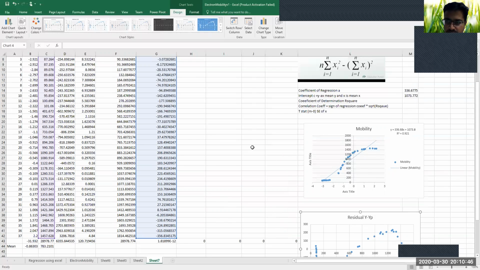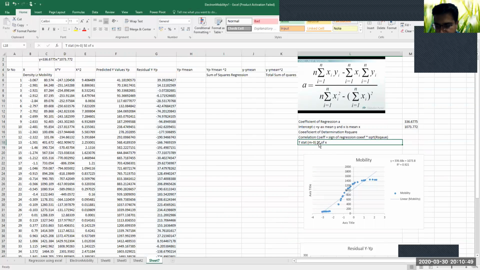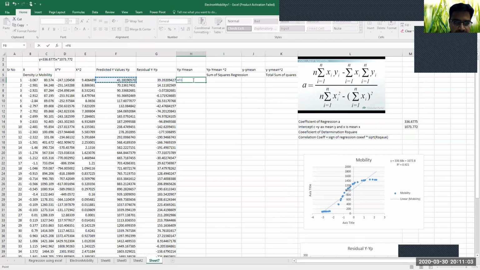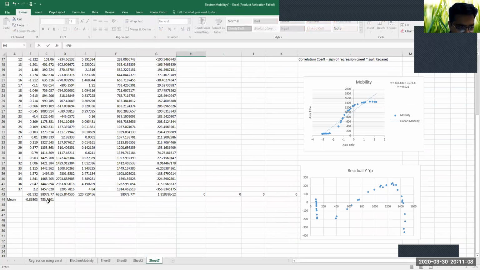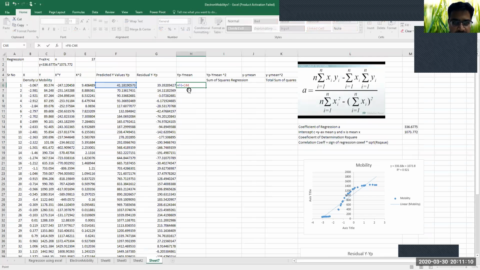We also need to calculate two more values. We need to calculate coefficient of determination, that is R square, and coefficient of correlation. To calculate coefficient of determination, we need to calculate predicted value minus mean. So this is equal to predicted y minus mean of y. When you put mean of y, put it using dollar, so that we will be able to put it, and take the square of this.